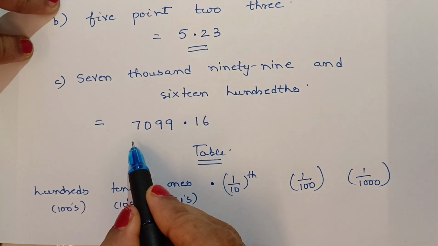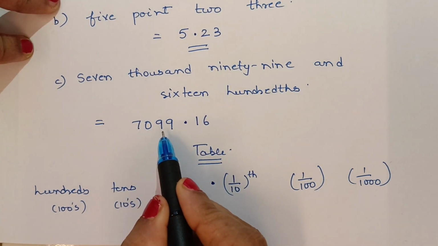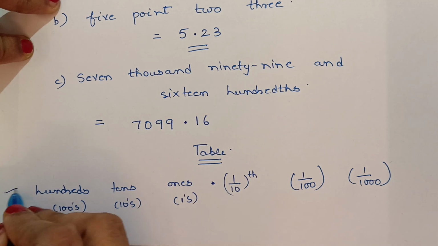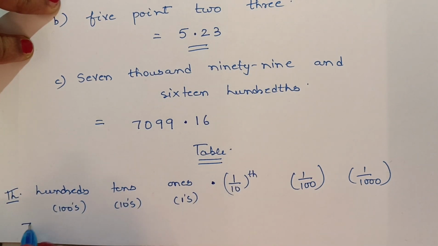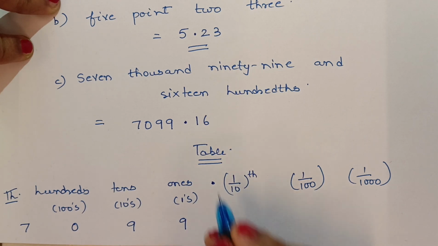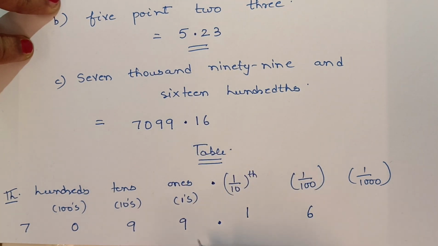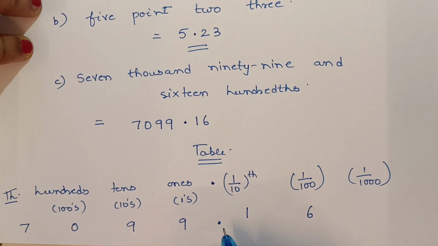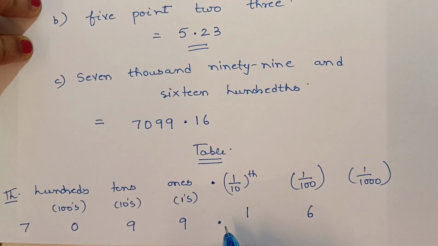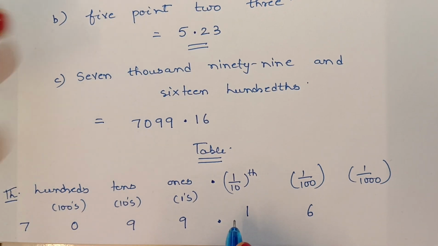So in this way you have written 7,099.1600 16. So this table is quite important. Now let's switch to the next page.